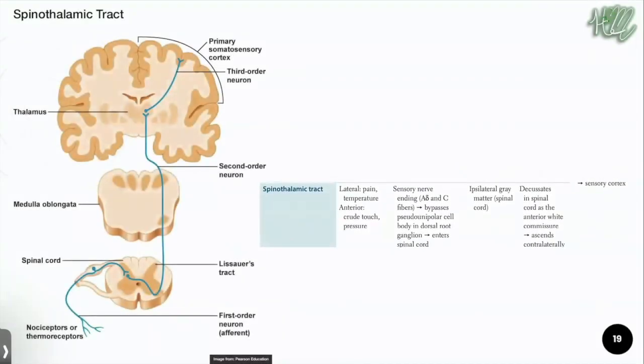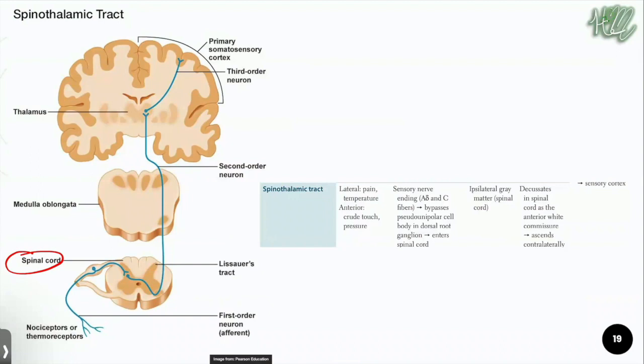Now the spinothalamic tract is our weird one, because this guy is the only one that doesn't actually decussate in the brainstem. This guy chose to decussate in the spinal cord. And that makes it annoying, because it makes thinking about where the lesion is a little bit more tricky for people.